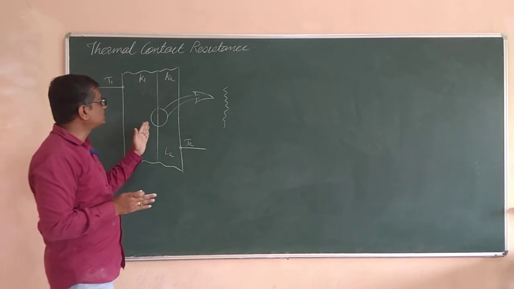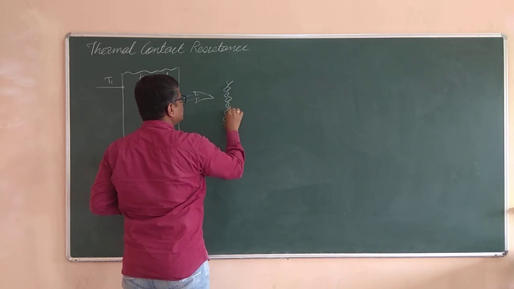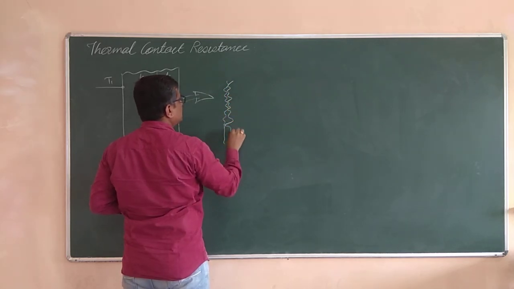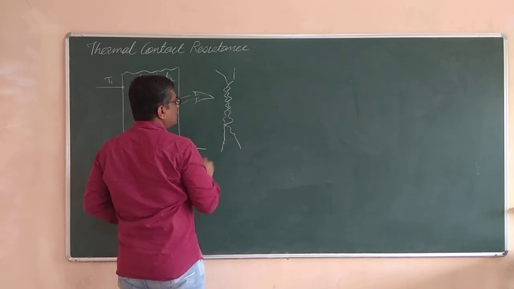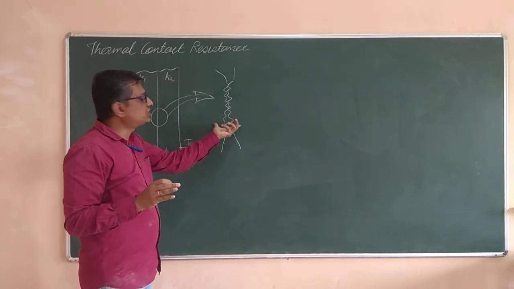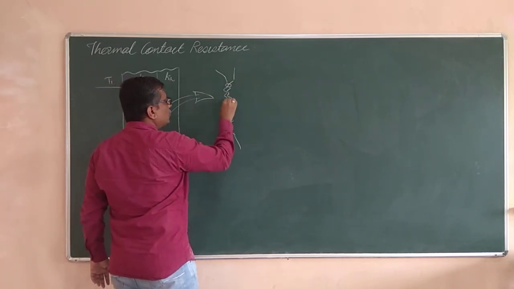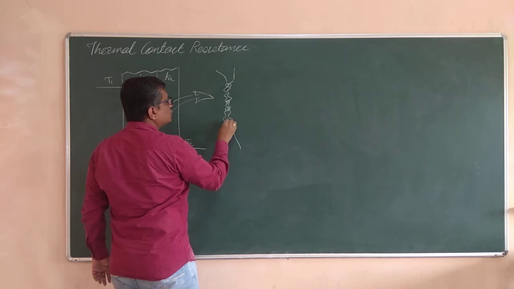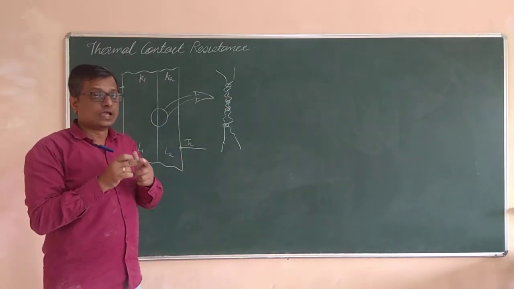This is the irregularity of the first surface and this may be the irregularity of the second surface. In actual physical contact, these two sheets touch at very small areas over here, over here, over here or over here. So hardly 3-4 spots are there where they are in actual physical contact.